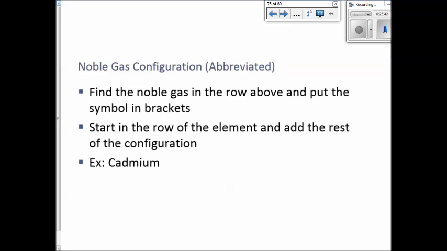So let's do cadmium. What's cadmium's noble gas going to be? Which one is cadmium? CD. Under zinc. Not along. +2. So we're going to use krypton. Okay, then we start in the row with cadmium. So over here, cadmium is going to start with a 5s2 and a 4d10.